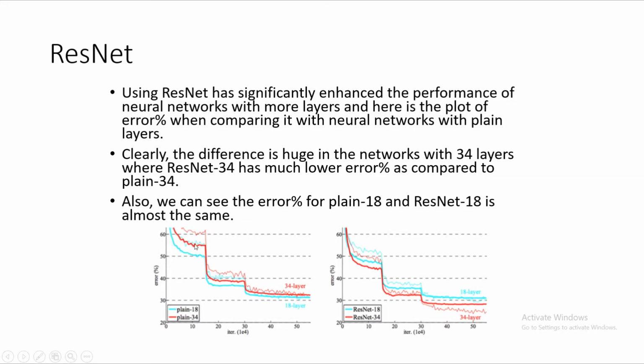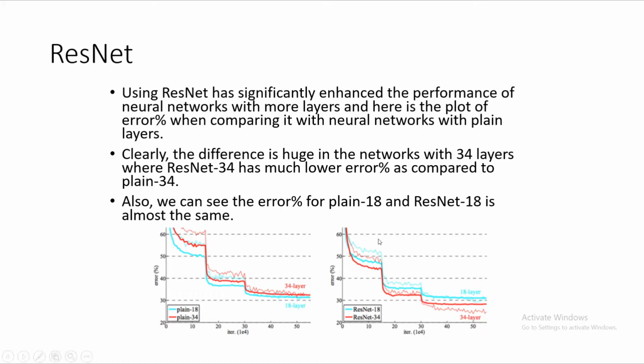Plain 34 is deeper but without any skip connection, so only the network is made deeper. So, same as in our previous example, with the increase of depth, the error increases.